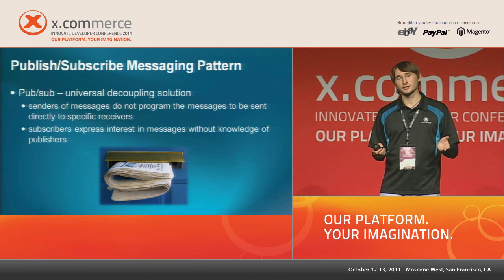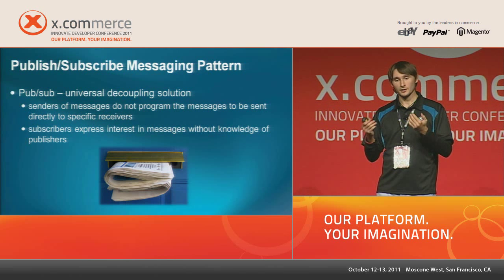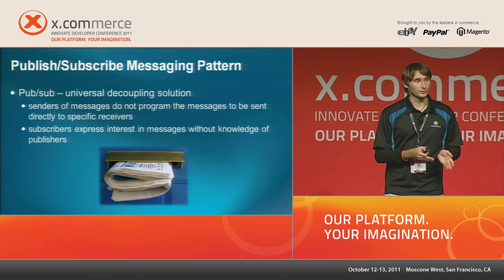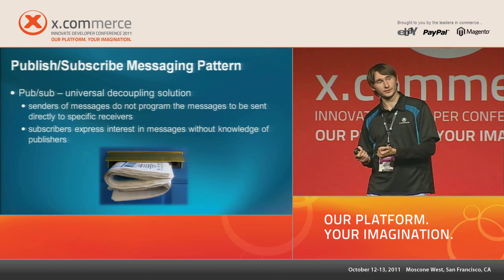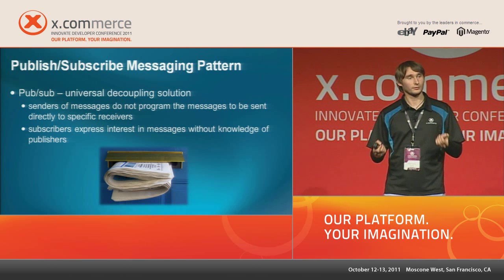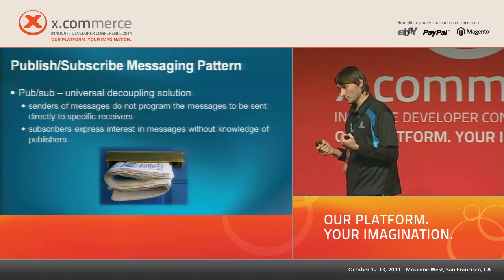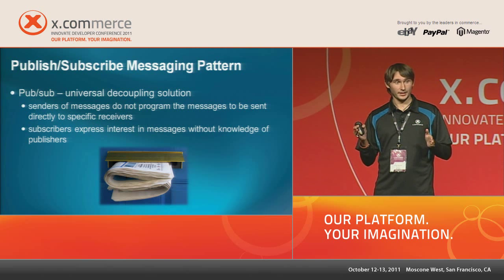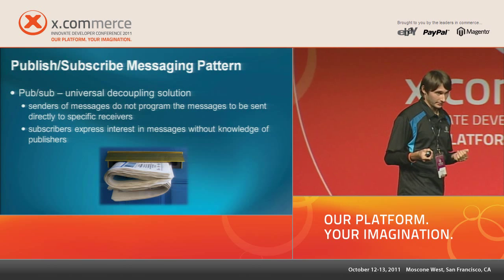There are senders of messages, and there are receivers of messages. Senders of messages know nothing about receivers. At the same time, receivers know nothing about senders. Both of them know only about messages. So in such a way, they don't know anything about each other, but are still able to communicate.